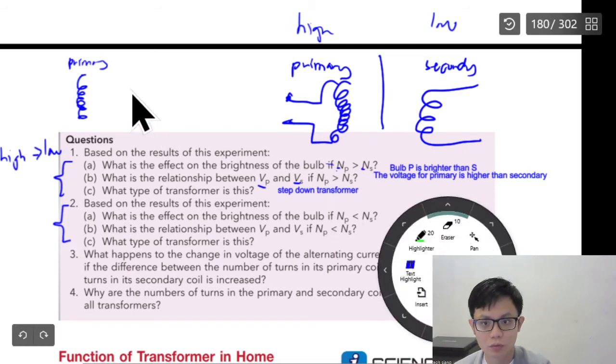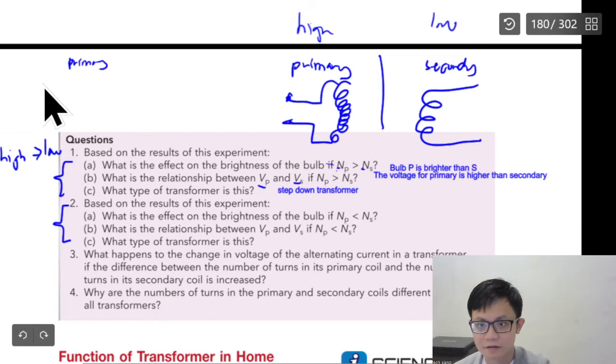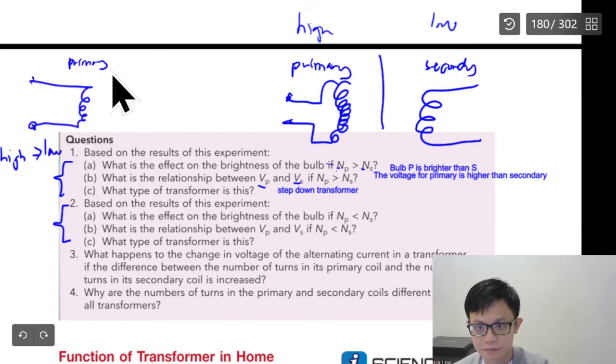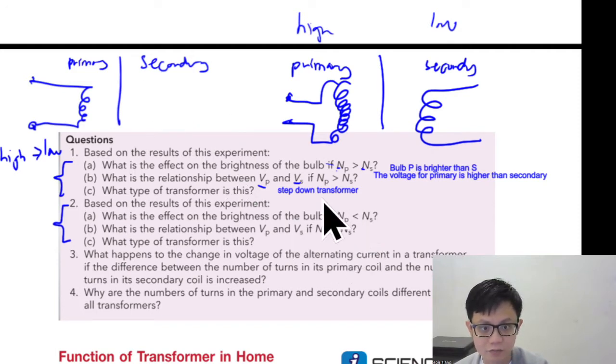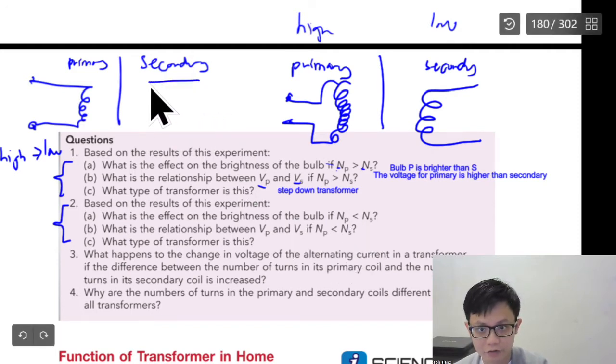So I cannot draw so many in the primary, I draw a little bit, 1, 2, 3. Primary, secondary. In this question the secondary is more, so I draw more.